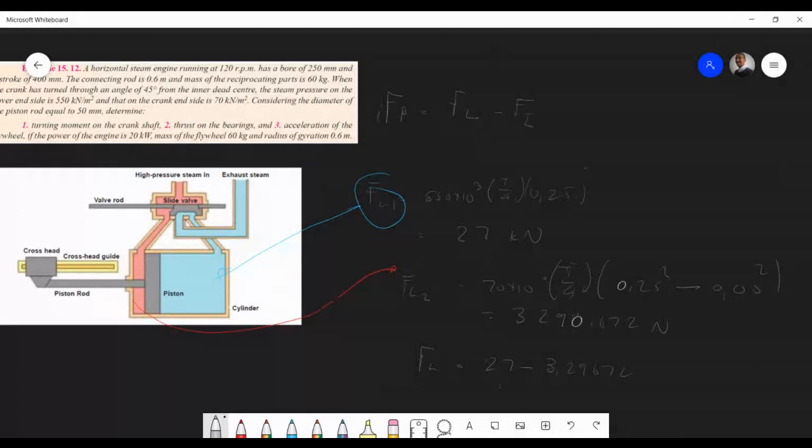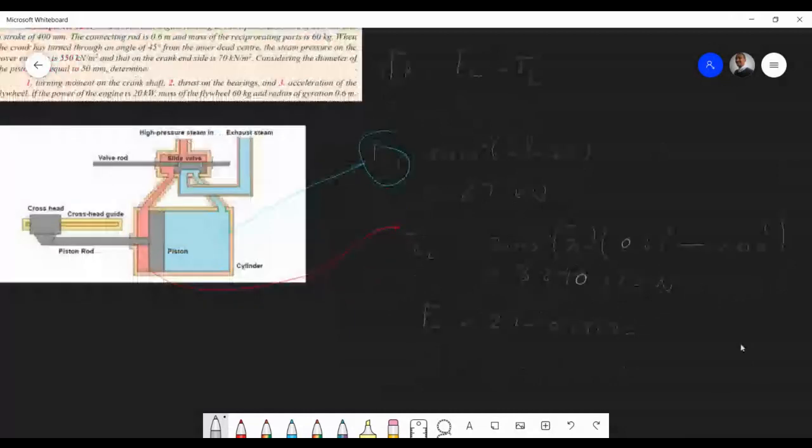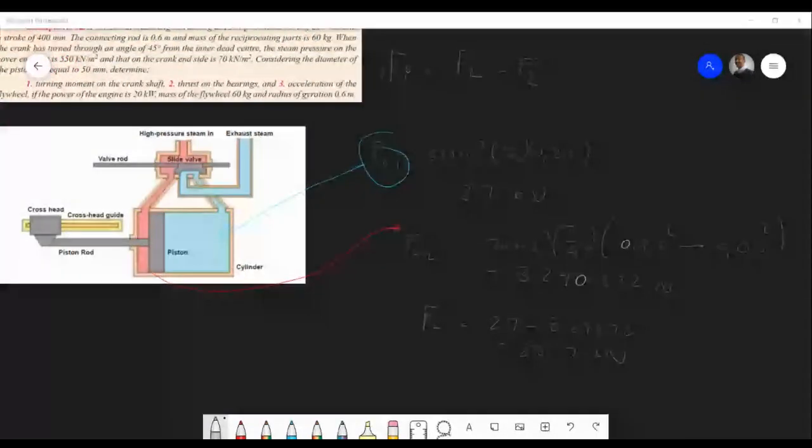Okay, some mistake there. Yeah, I get 23.7. I think it's close enough. The book has a slightly different answer. Guys, do you all get that? On the double acting, piston rod, piston thing? Did we all get that?